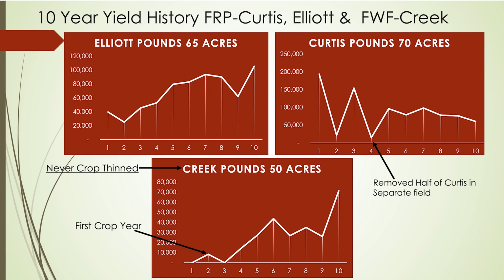Here are the Elliots on 65 acres. They're fairly new plantings, so the first year they produced, they did pretty much what they were supposed to, the second year too, but then look at every other year beyond that. 18, I think the decrease there is from Irma.